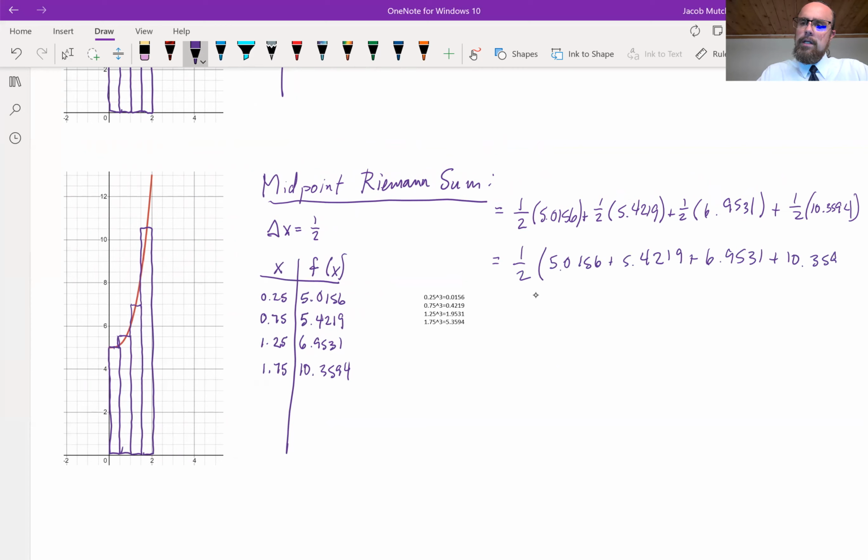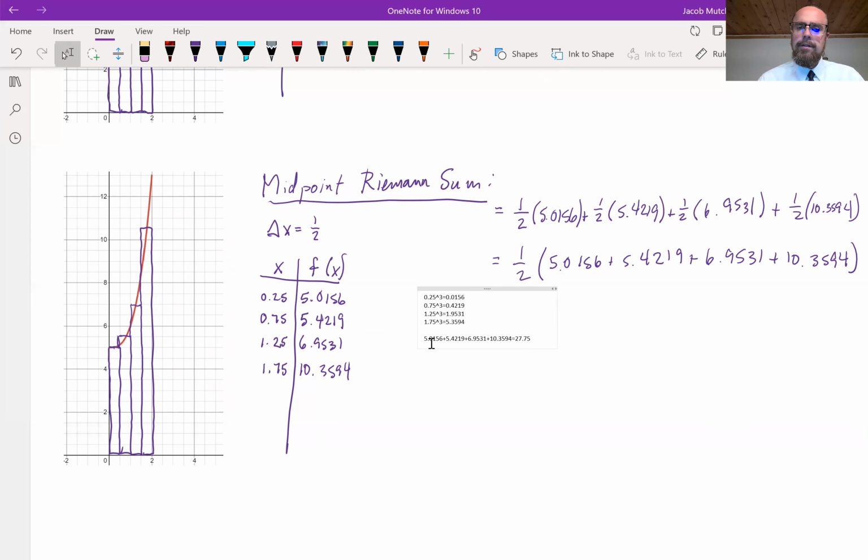All right, so we've got the sum written. Let's calculate it out. Let's start with just adding that up: 5.0156 plus 5.4219 plus 6.9531 plus 10.3594.